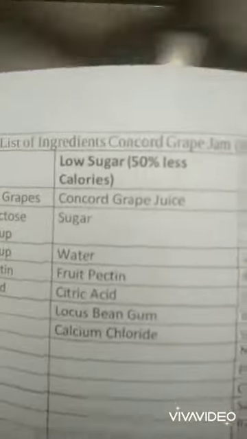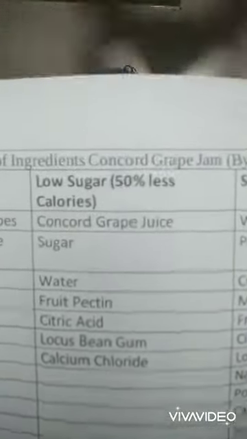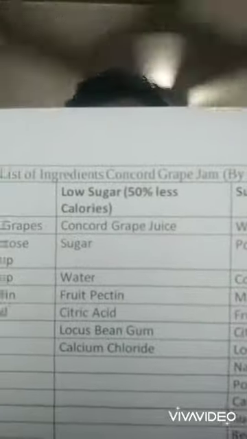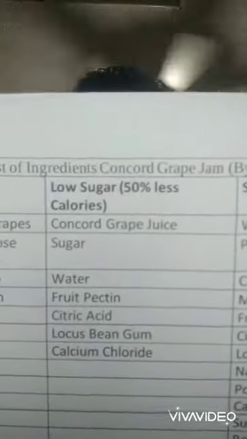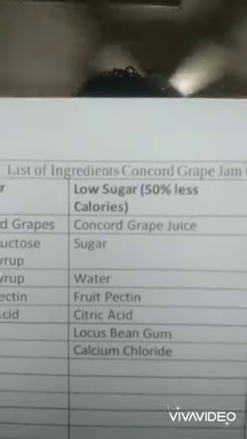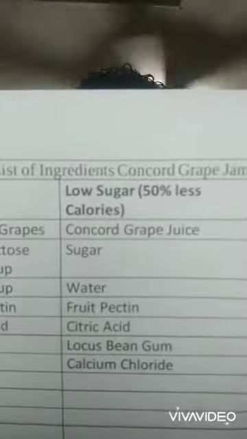And then for the low sugar one, I have Concord grape juice, which is the jelly I mentioned. It's not jam, so that's the one that uses juice. It has sugar, water, fruit pectin, citric acid, locust bean gum, and calcium chloride.